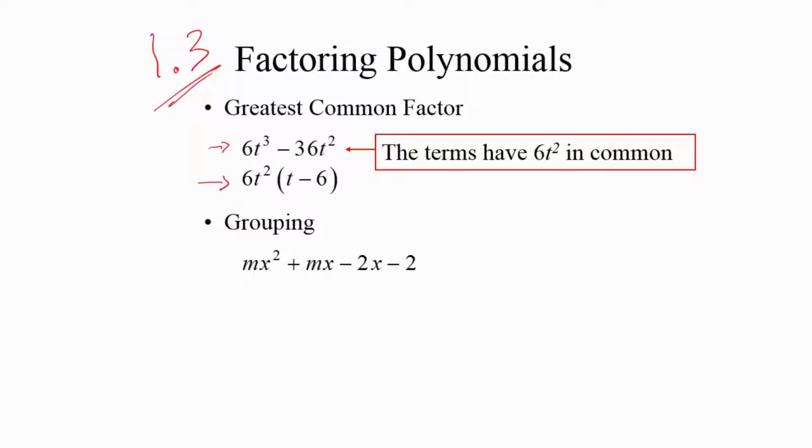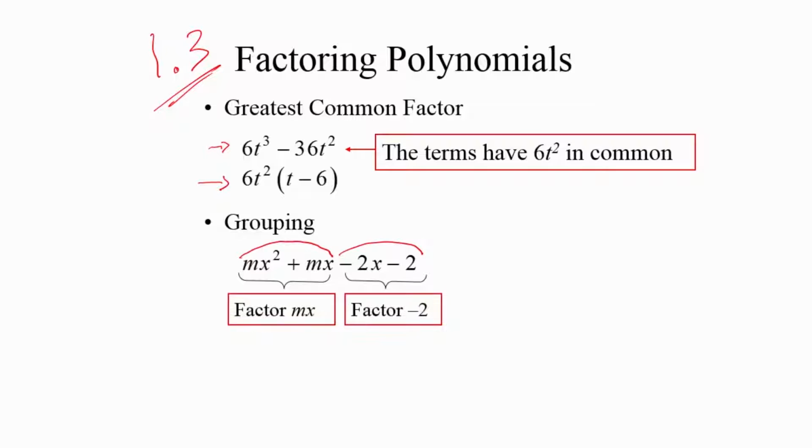But if you group these two together and these two together, you would see that in the first group, mx squared plus mx, the common factor is mx. Between minus 2x and minus 2, the common factor is minus 2. So for the first group, you can factor out mx. For the second group, you can factor out minus 2.